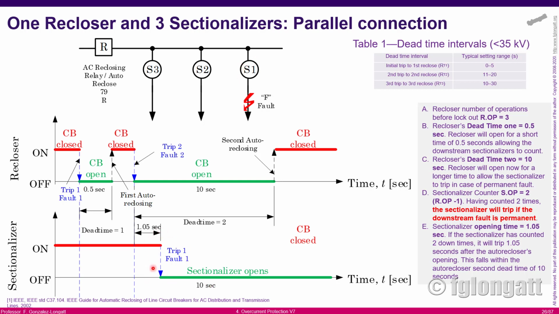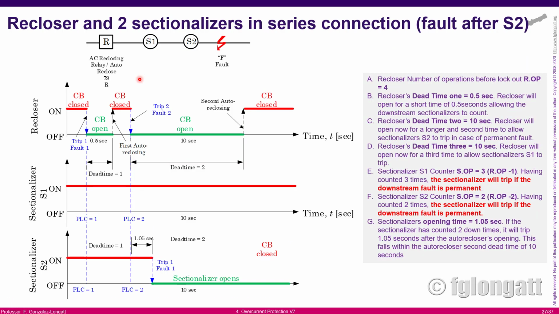They open the contacts, the sectionalizer opens and stays open, and then the recloser will close the contacts again, and we keep providing service to the feeders at 2 and 3. That is the logic behind the sectionalizer when you are using sectionalizers in parallel connection, okay?